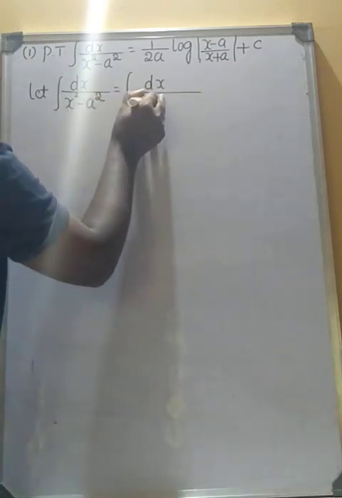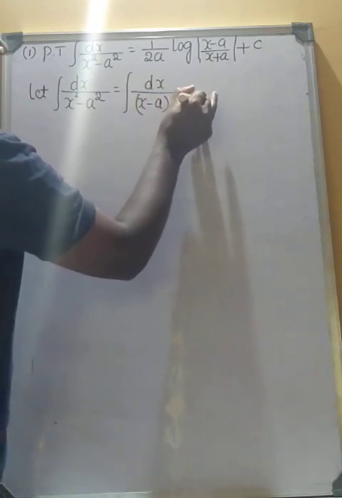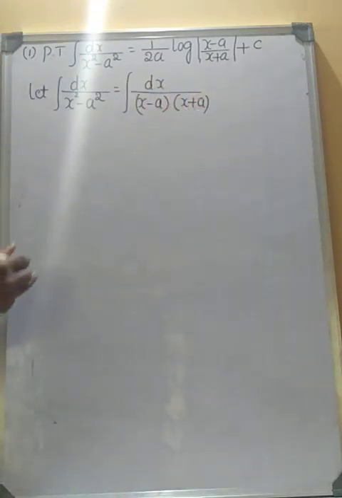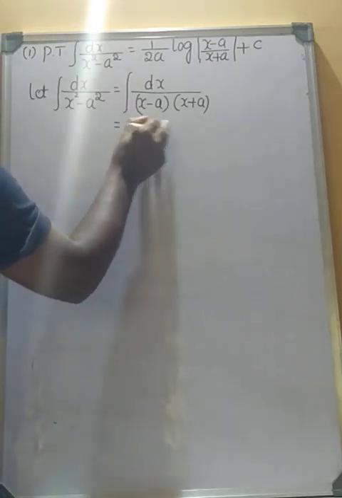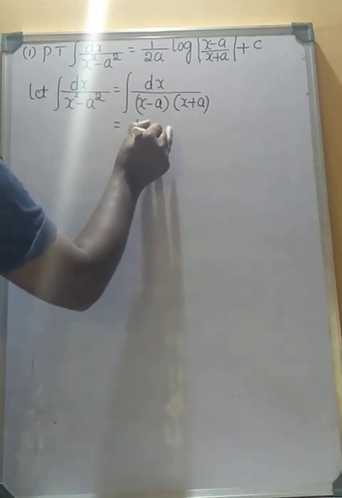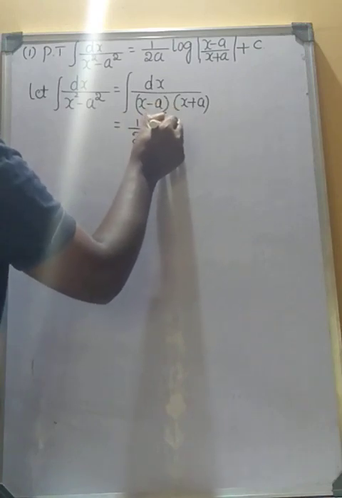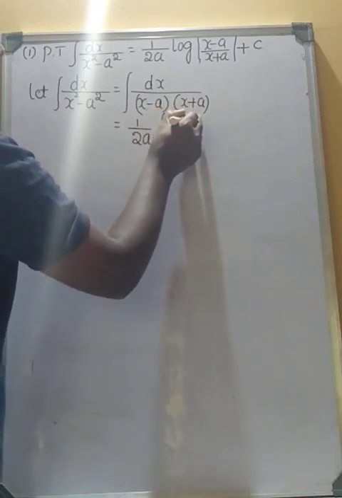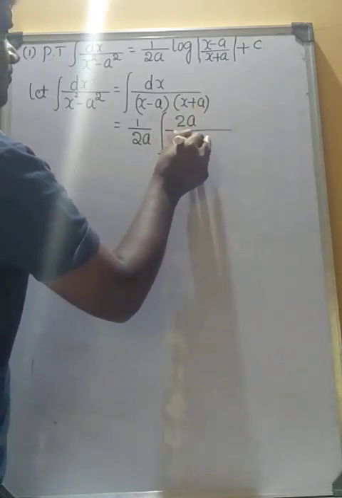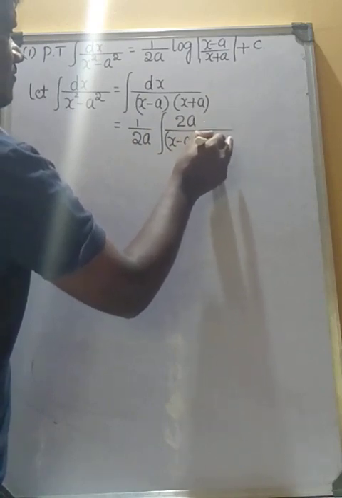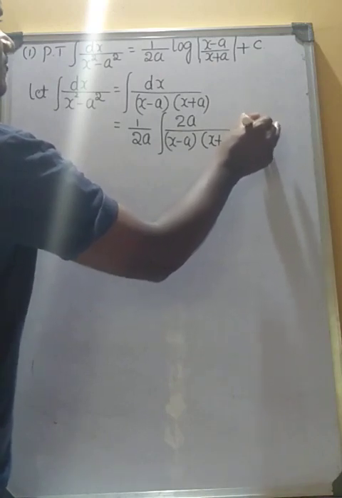x square minus a square can be written as x minus a into x plus a, equals, multiplying and dividing by 2a, 1 divided by 2a integral of 2a divided by x minus a into x plus a into dx.